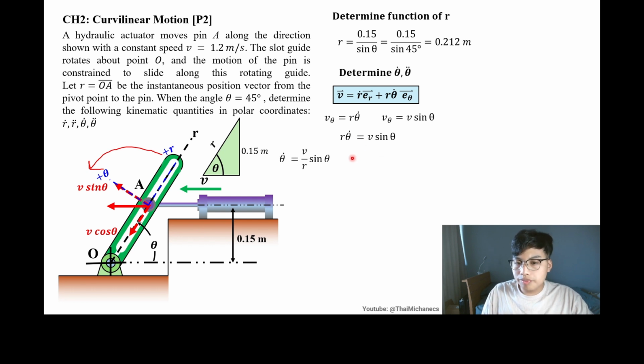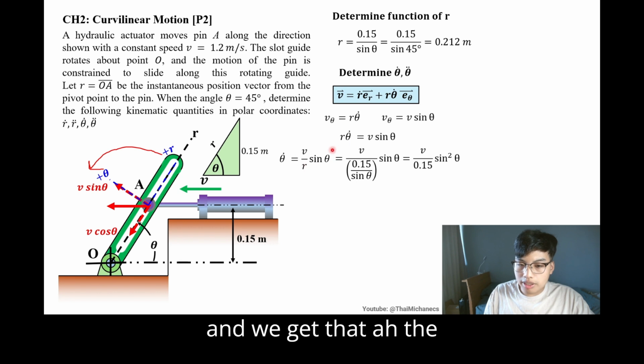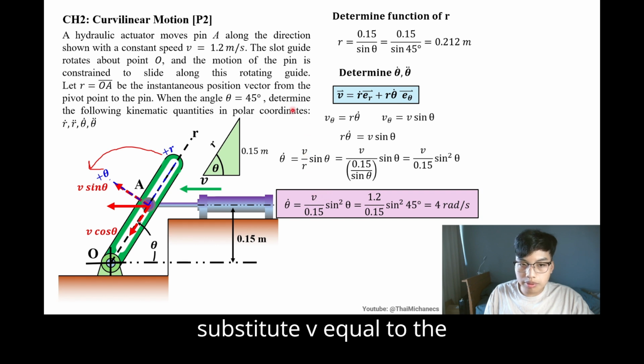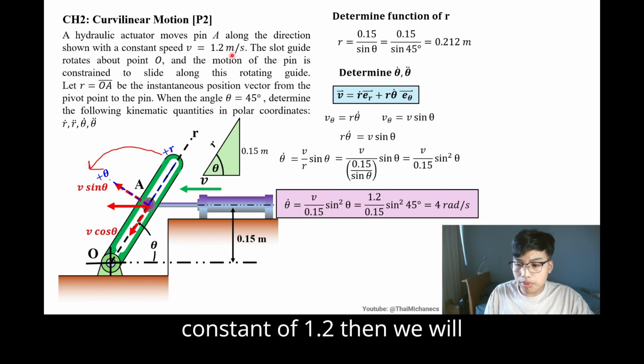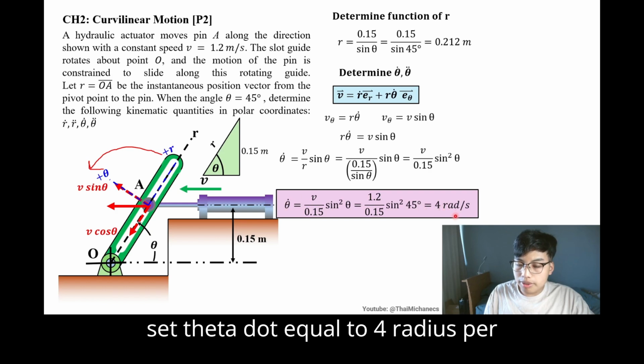Arranging the equation, theta dot depends on velocity v and theta. If we substitute theta equal to 45 degrees and v equal to the constant 1.2, we get theta dot equal to 4 radians per second.